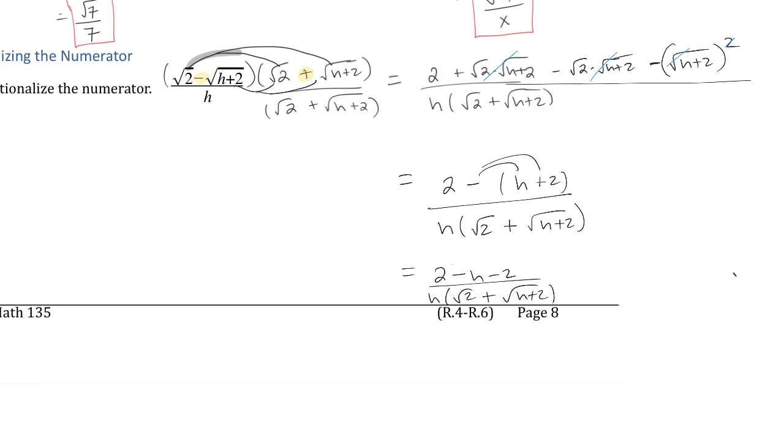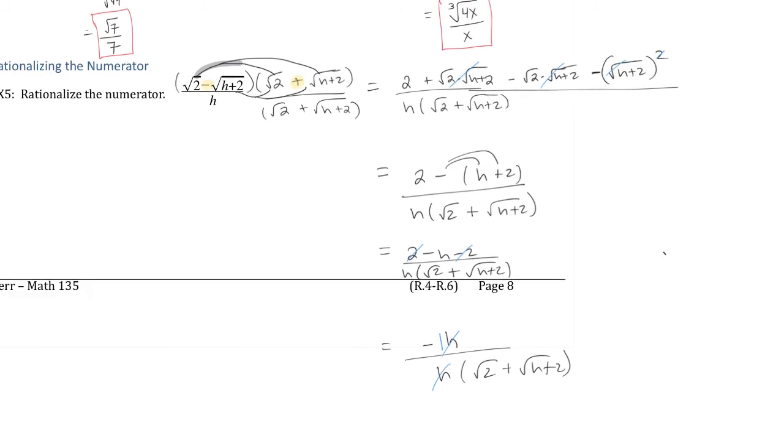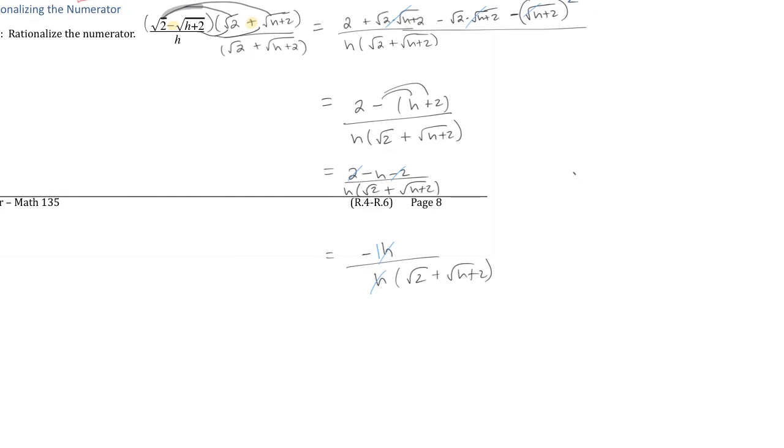My 2's just add up to 0, and so what we end up with is negative h all over h times square root of 2 plus square root of h plus 2. Anything divided by itself is just 1. Little precursor of calculus here. Some of this algebra gets really long.